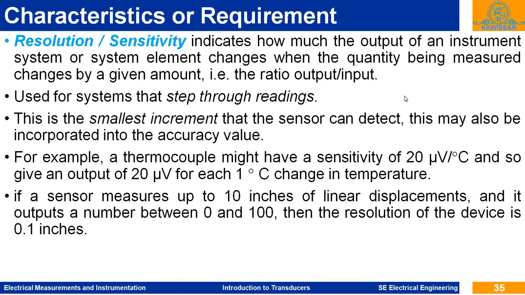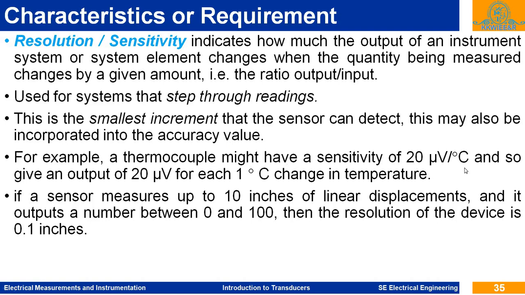Means if there is a slight increase in the temperature, that should be noted by this transducer, or based on that slight change in the temperature your output should be generated in proportion to the change in the input. Okay, so this is used for the system that steps through readings. This is the smallest increment that the sensor can detect. This may also be incorporated into the accuracy.